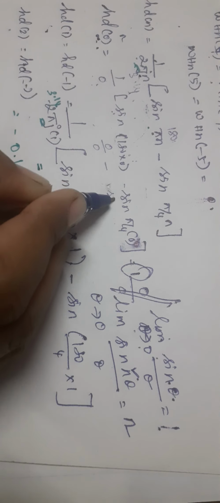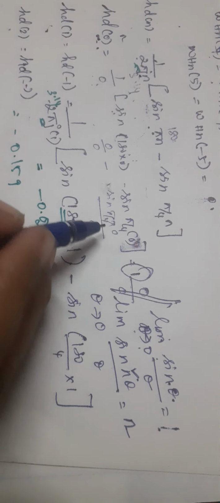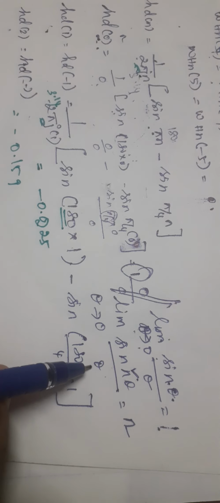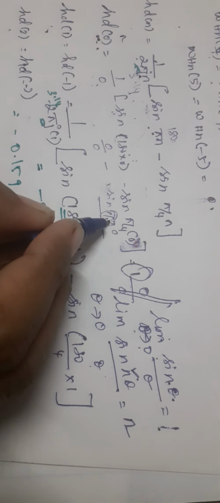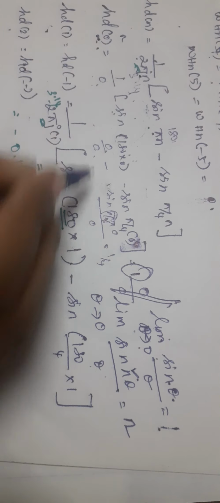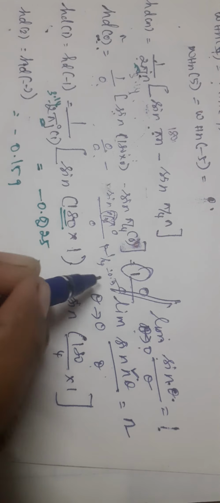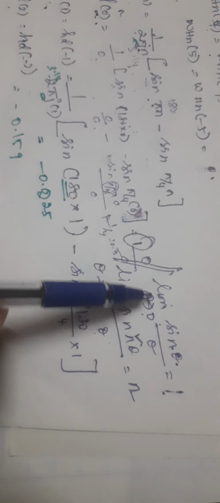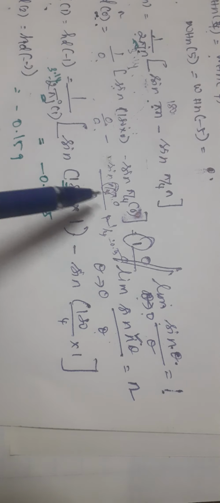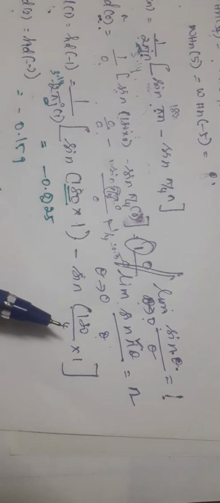Here again it is sine of pi by 4 into 0 divided by 0. Here it is another term, sine of n theta divided by theta. So sine of n theta divided by theta, the term is 1 by 4. So 0 by 0 it is 1, and 1 minus 1 by 4, you can get it as 0.75. So you use L'Hopital's rule if a term arises of 0 by 0 or sine of n theta divided by theta. This L'Hopital rule should be kept in mind.